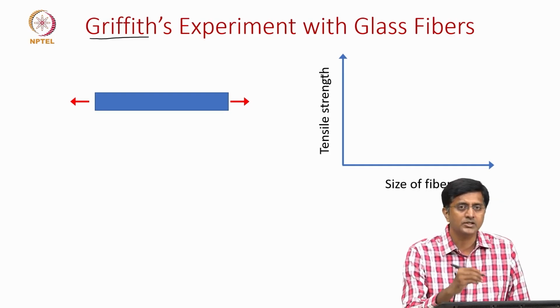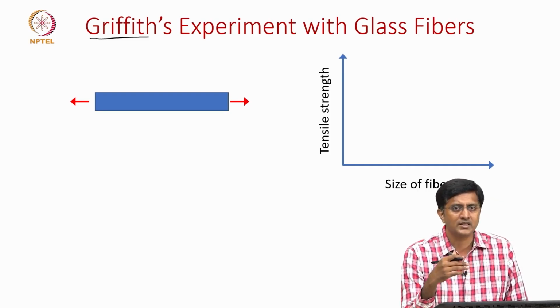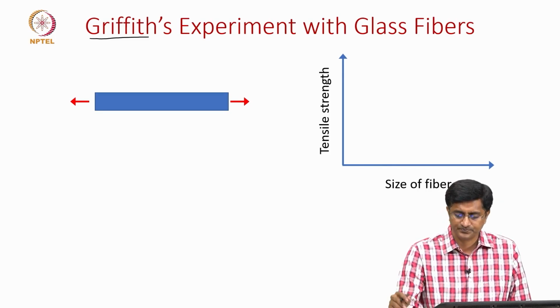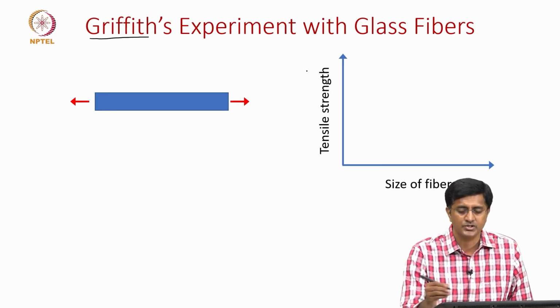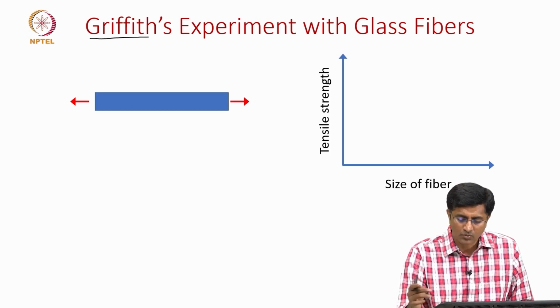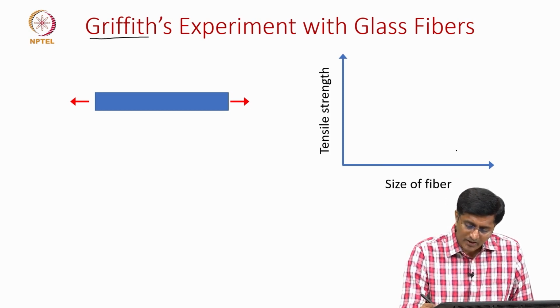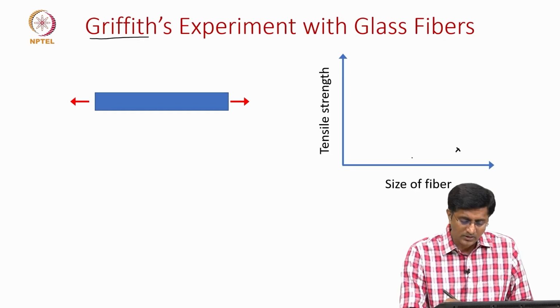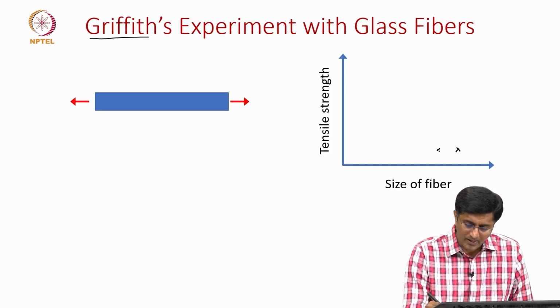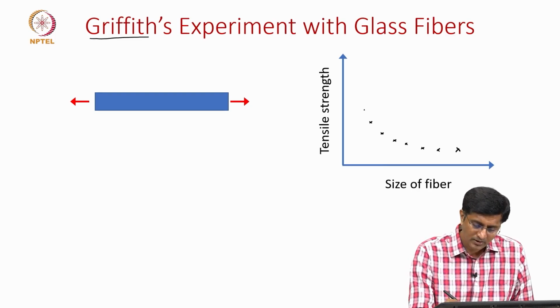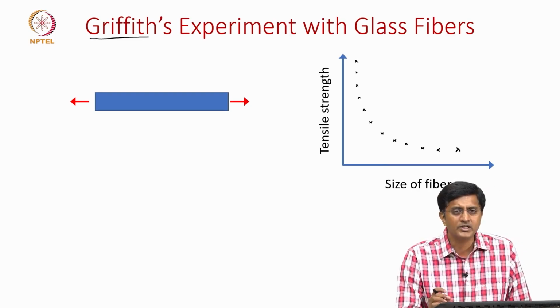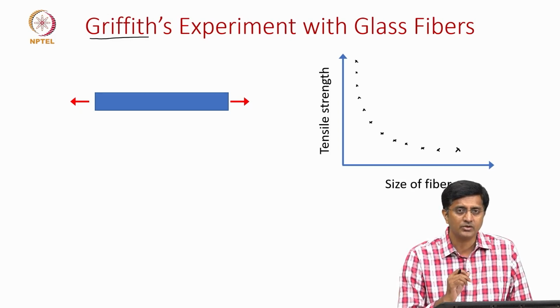Though I am saying tensile strength, it is normalized, the tensile stress at which it fails, so the y axis is normalized with cross section area. What he observed is that at very large diameters the tensile strength is small, but as he decreased the diameter the strength increased. When the diameter decreased into the micron or nanoscale, the strength increased tremendously and reached the theoretical values of the material.